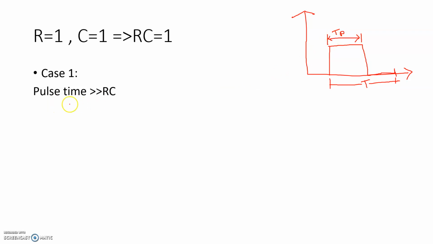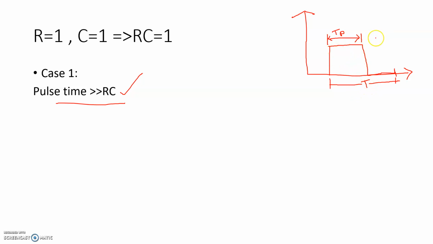So in the initial case we have assumed pulse time very much greater than RC. Pulse time means TP very much greater than RC, or the time constant of the RC network, which is acting like a low pass filter for this particular discussion. Now if TP is much higher than RC, obviously we can say T will be very much greater than RC, right?